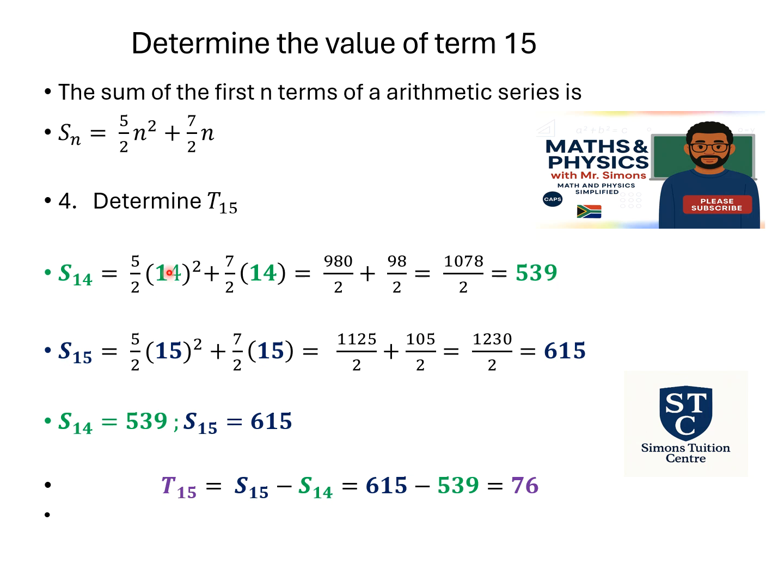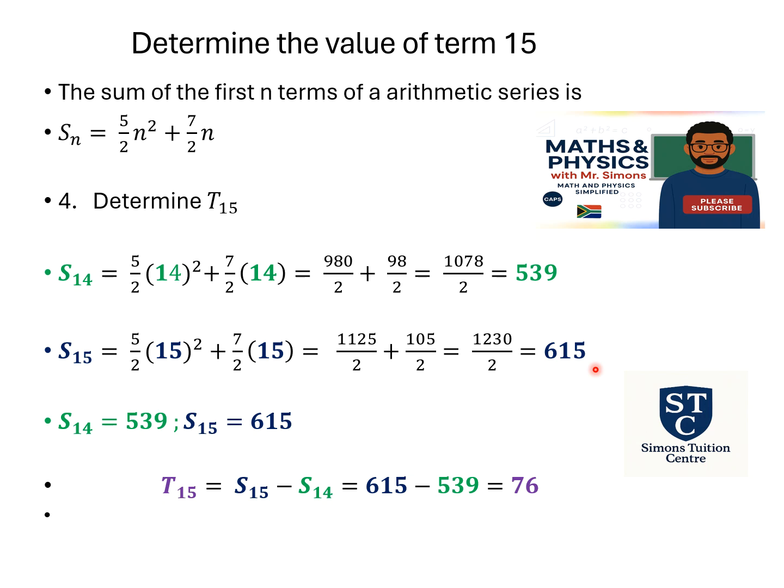Sum to 15 terms, substitute 15. 15 squared, 225, times 5 gives me 1125. 15 times 7 would give me 105. 1125 plus 105 gives me 1230. Divided by 2 gives me 615.